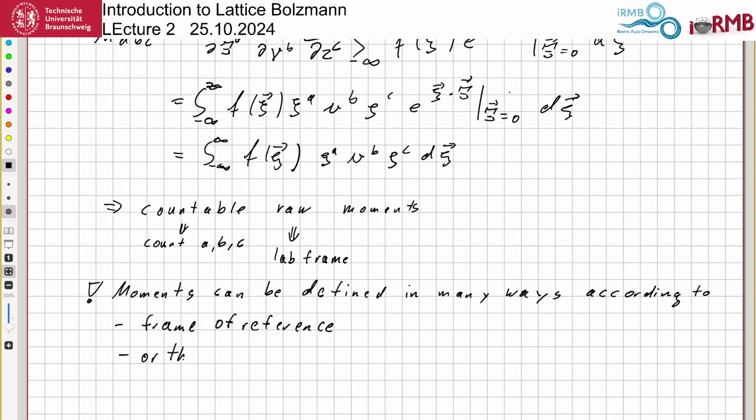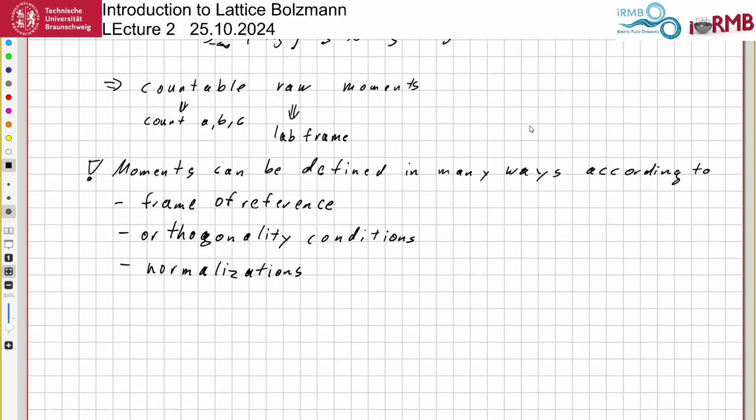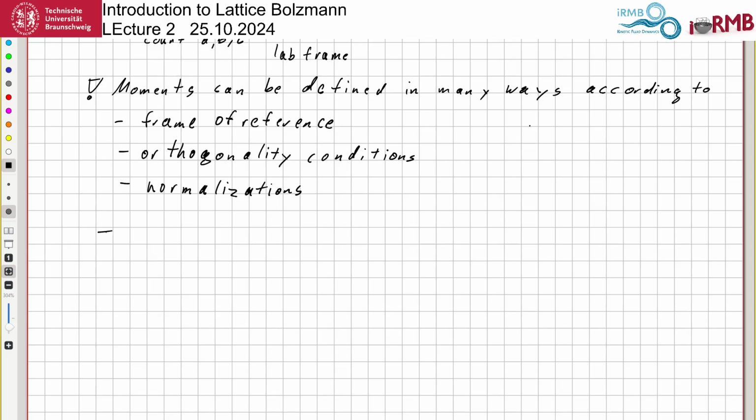We can specify orthogonality conditions, and we can specify normalizations. Normalizations just mean we scale the entire thing with a constant. The first and one of the most important things here is the frame of reference.